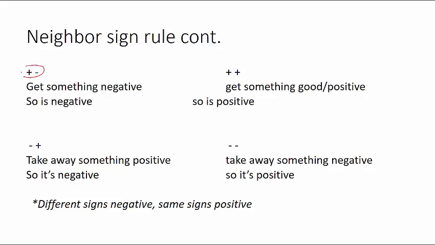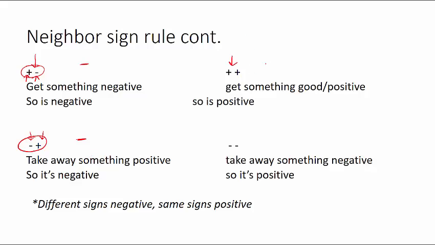If you have a positive and a negative, that means you are getting something negative. If you get something bad or you get something negative, it's negative. So if you have a positive and a negative like that, you're going to keep the negative sign. Here, if you're taking away something positive, that is not good. If you're taking away or losing something positive, that's bad. So we're going to keep the negative sign.